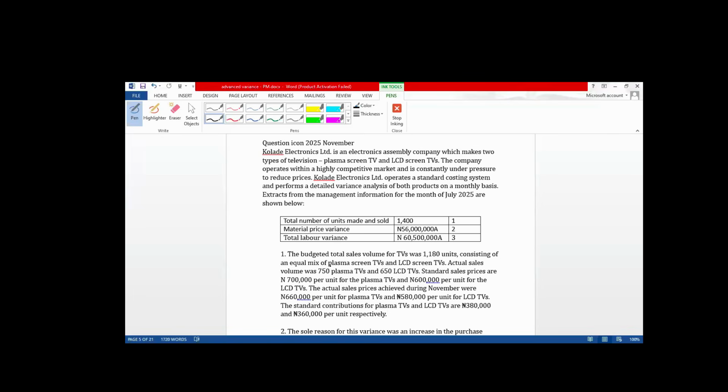Actual sales price achieved during November were 660,000 for plasma TV and 580,000 for LCD. The standard contribution for plasma TVs and LCD TVs are 380,000 and 360,000 per unit respectively. We are done with note 1.